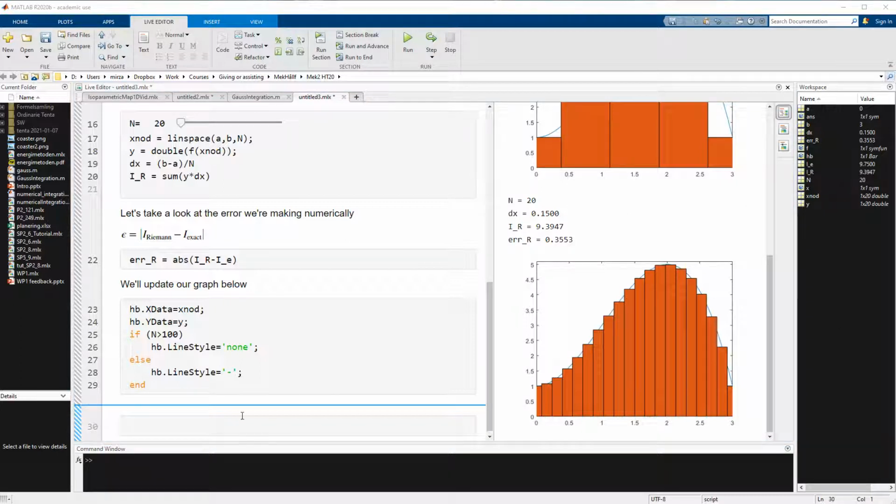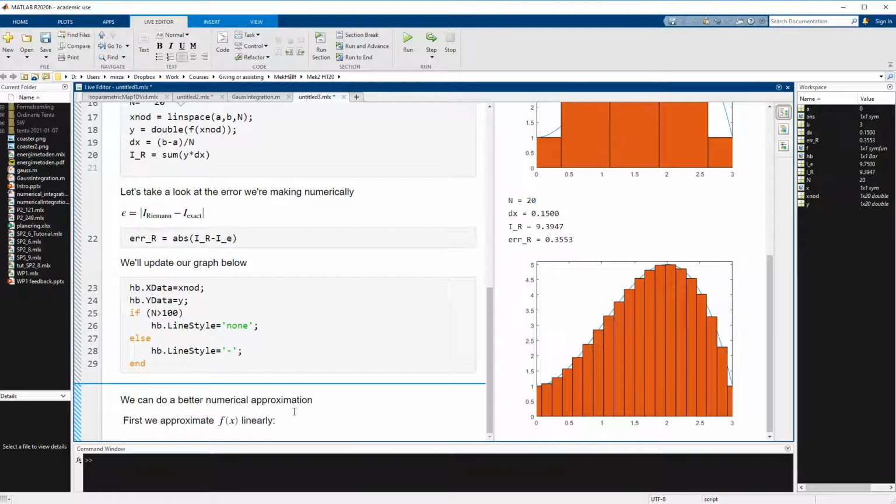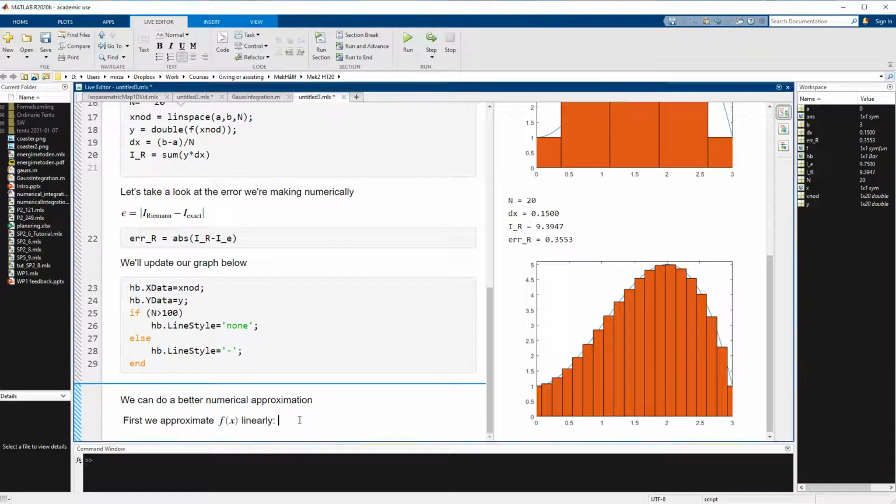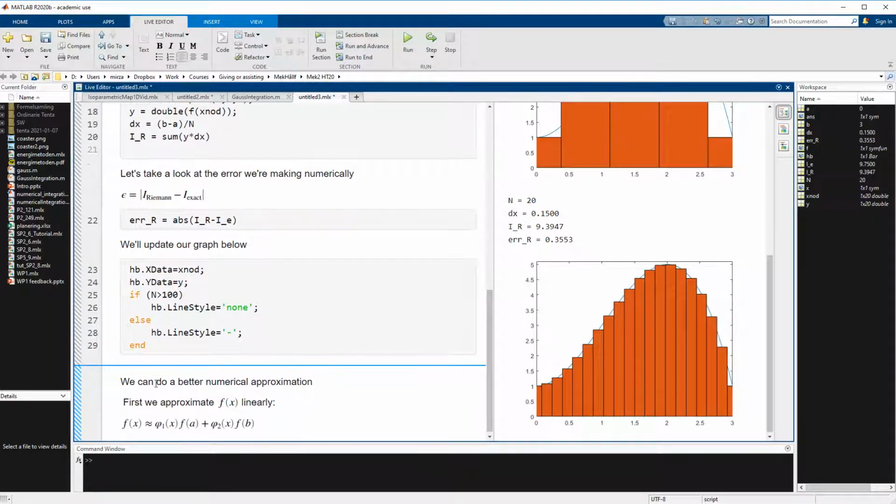So what we will be doing is looking at how to approximate our function linearly. So just using standard linear approximation here. If we take our function f of x, and we take the endpoints of it, a and b, and we linearly interpolate them by linear basis functions.